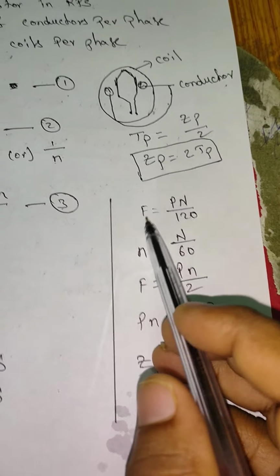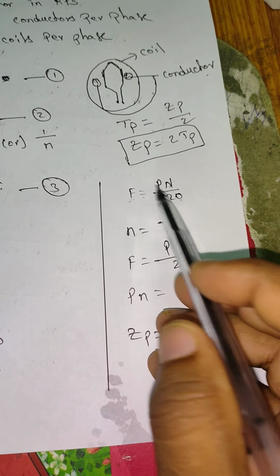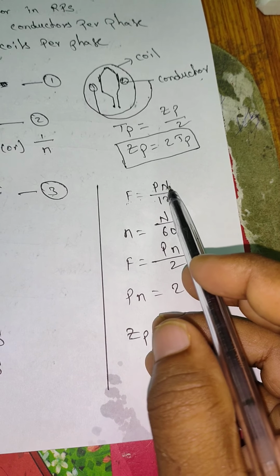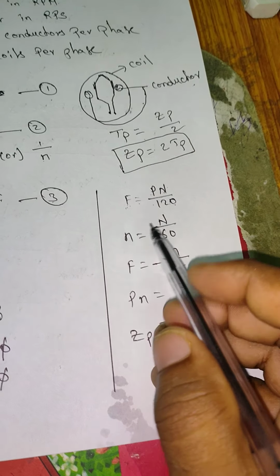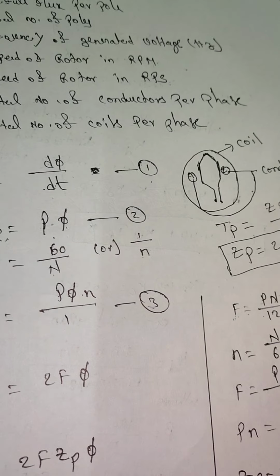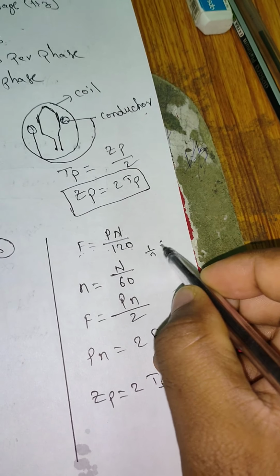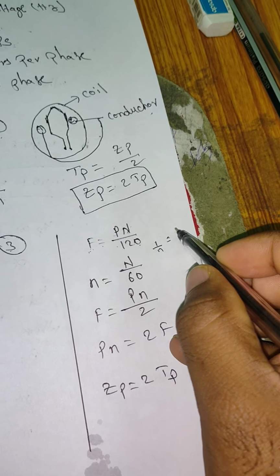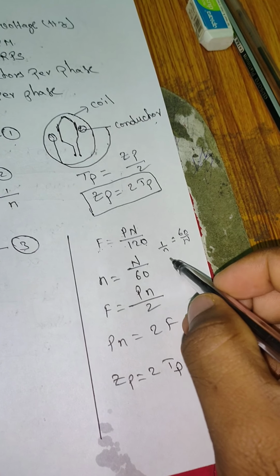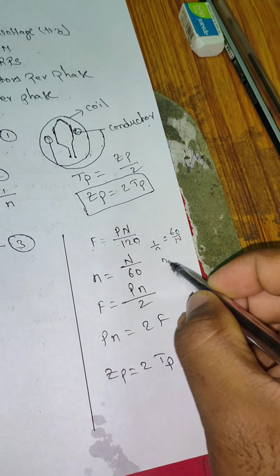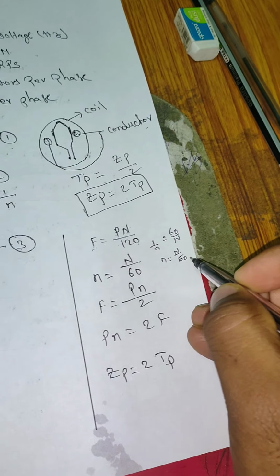Now we know the frequency formula, F is equal to PN by 120, where P is the number of poles, N is the speed of the rotor. From this relation, I can write n is equal to N by 60.